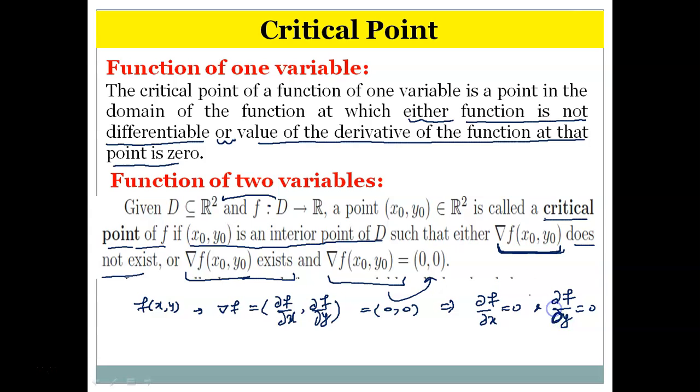So from this definition of the critical point, we can see that the critical point of a function of two variables can be obtained if we put both first order partial derivatives equal to 0. By solving these, we can get the critical point for a function of two variables.